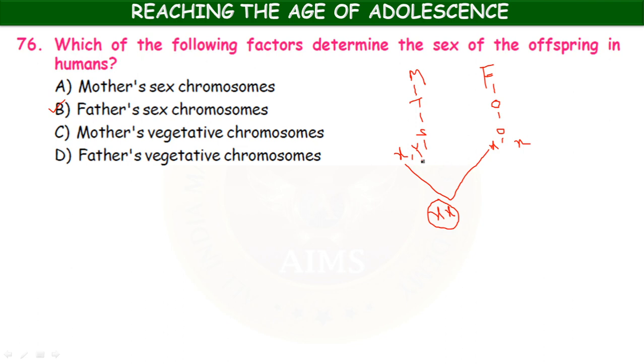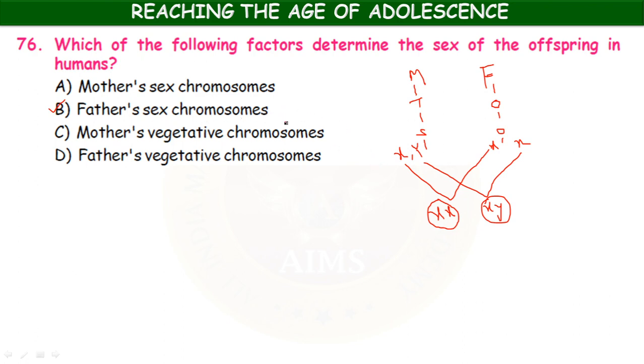If the sperm containing Y chromosome combines with the X chromosome of the ovum, then it results in the XY combination. The diploid zygote with the XY combination is a male child. So now you tell me, which chromosomes, father's or mother's, determine the sex of the child? Sex of the child is determined by the father's sex chromosomes, that is XY chromosomes.